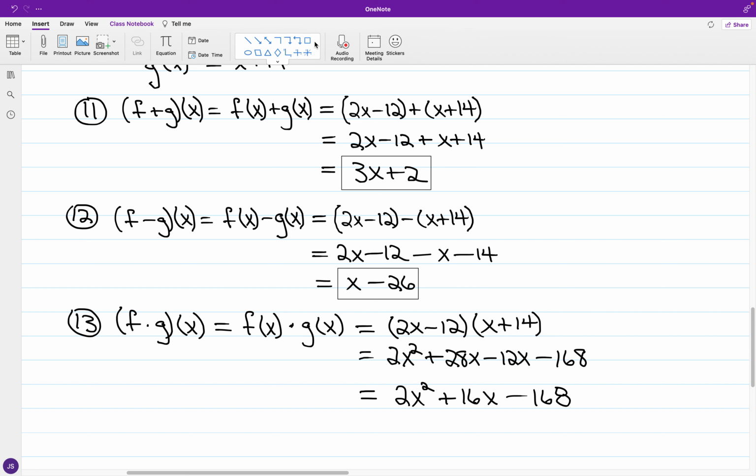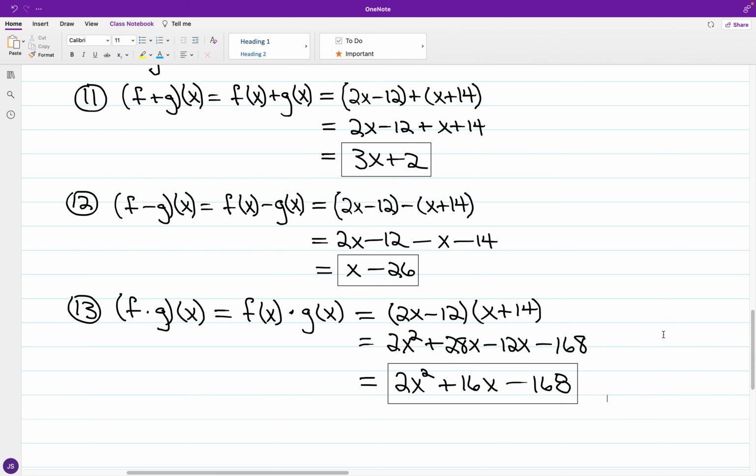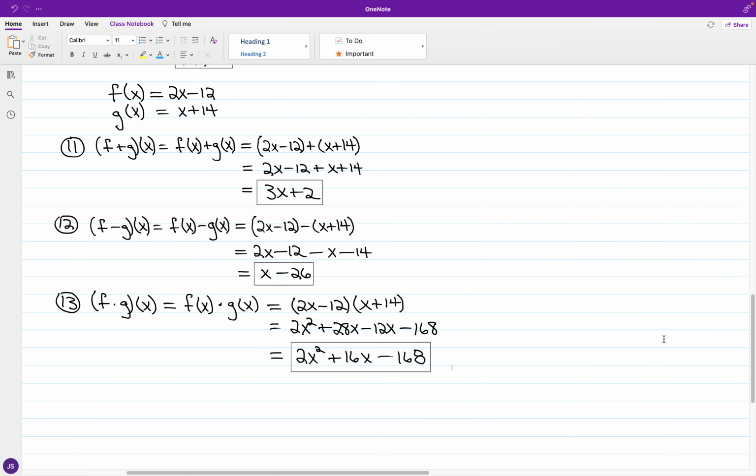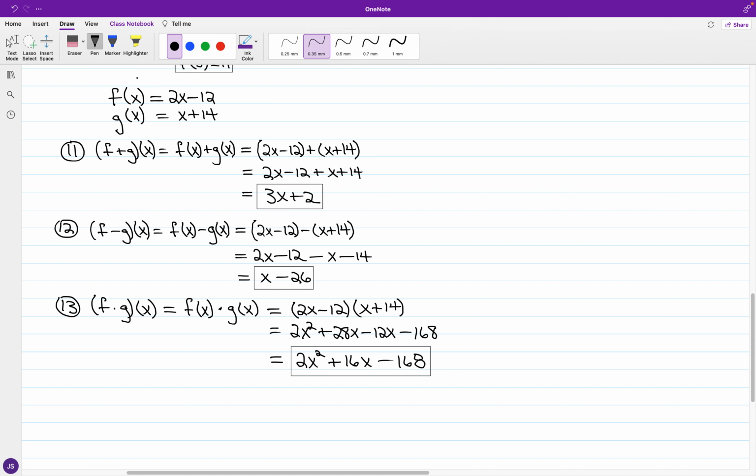Now again, the sum, difference, and product functions will have the same domain, and their domain will be on the basis of the exclusions combined from the individual functions involved. I'm just going to mention f of x and g of x.